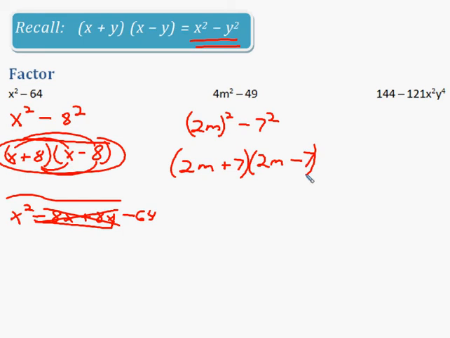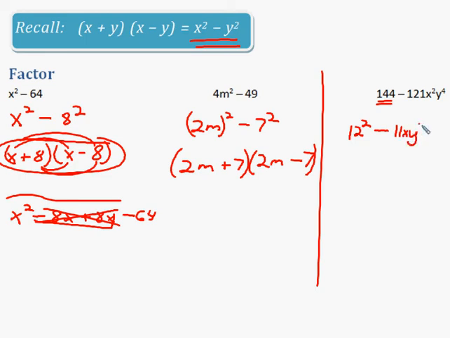Our last one, again, it's a binomial, and we want to factor this. We check, is this a perfect square? It is. That's 12 squared. And we check, is this a perfect square? Well, 121 is 11 squared. x times x is x squared, and we want what squared gives me y to the fourth?